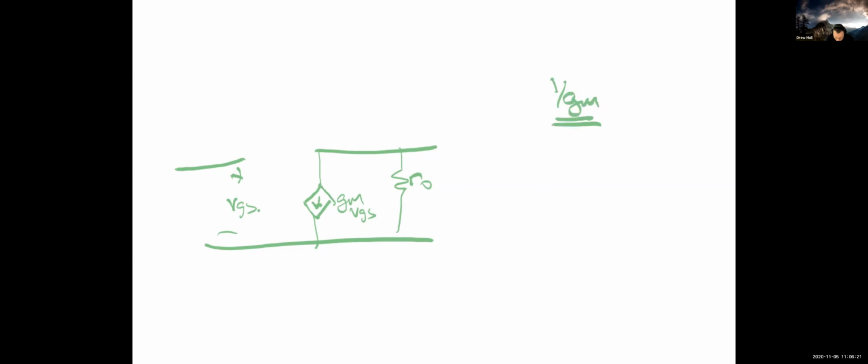But remember that 1 over gm is a very special case. It happens when we have this connection, when we have the gate and the drain tied together. If we do not have this connection, then the impedance that we see looking in out here is not 1 over gm. Without this connection, it's not 1 over gm.